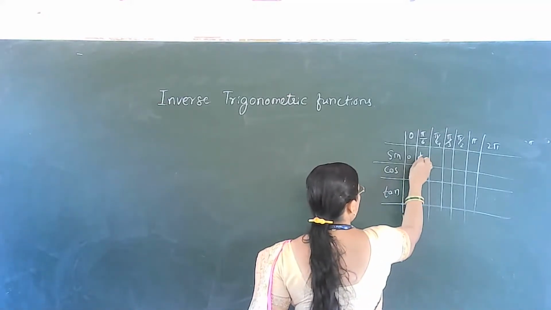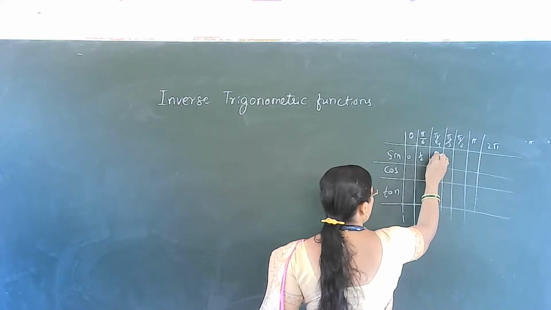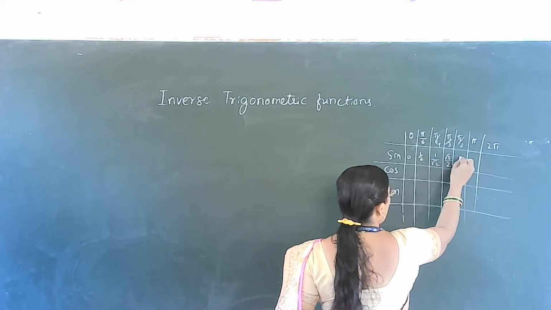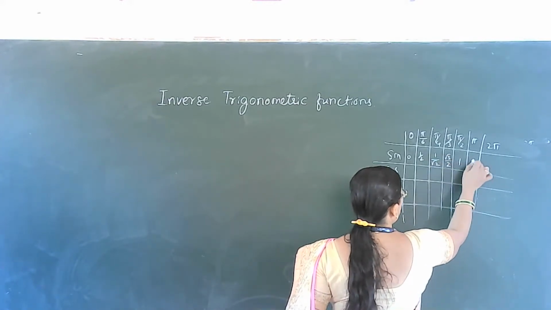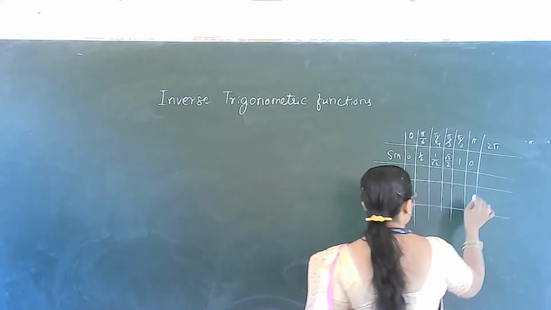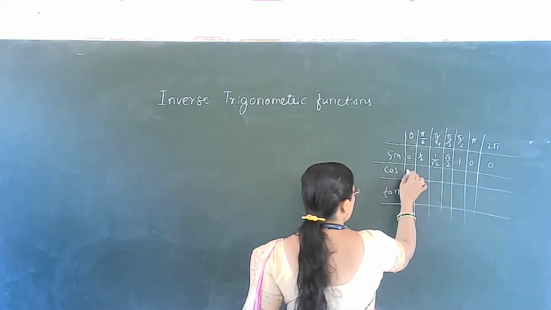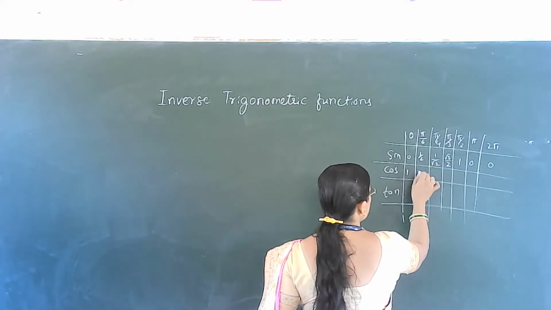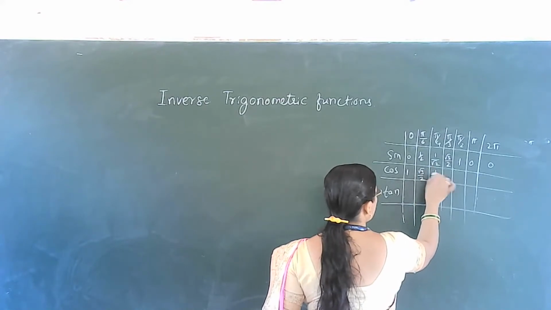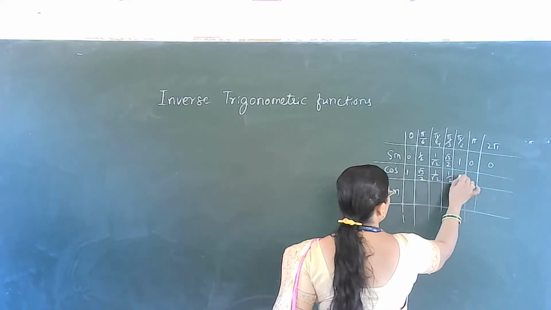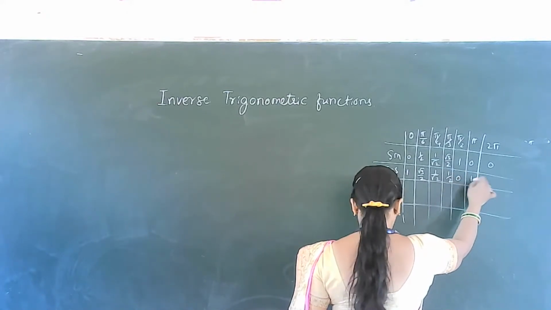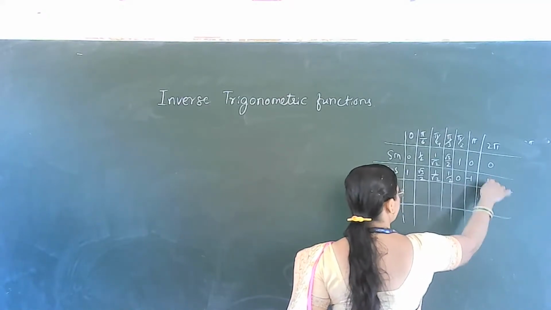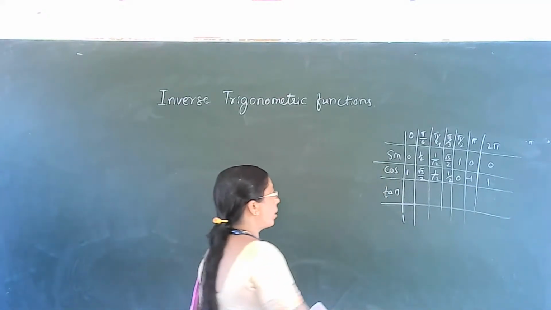Sine of 0 is 0, sine of pi by 6 is 1 by 2, pi by 4 is 1 by root 2, pi by 3 is root 3 by 2, pi by 2 is equal to 1, pi is 0, 2 pi also 0. Cos of 0 is 1, pi by 6 is root 3 by 2, pi by 4 is 1 by root 2, pi by 3 is 1 by 2, pi by 2 is 0, pi is minus 1, 2 pi is plus 1.